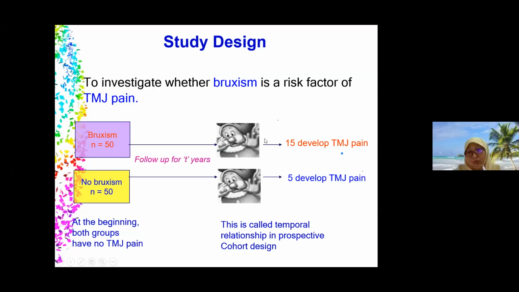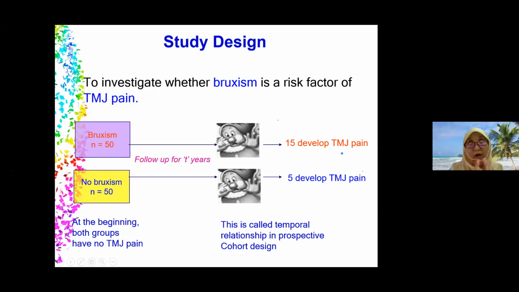Then you know whether bruxism really causes TMG pain or not. Only when more people develop TMG pain among bruxism, then you can say bruxism is a risk factor. This is what we call temporal relationship in cohort.